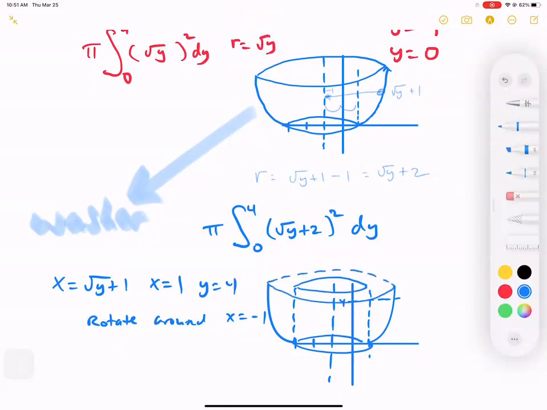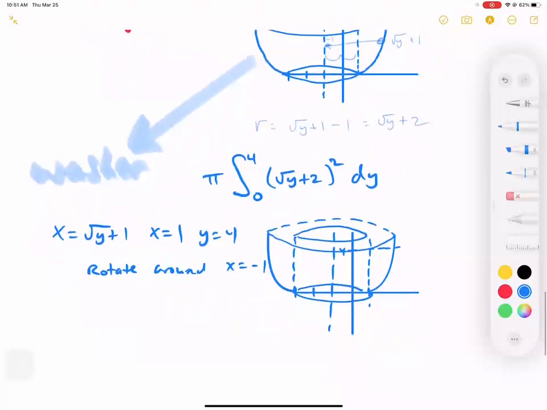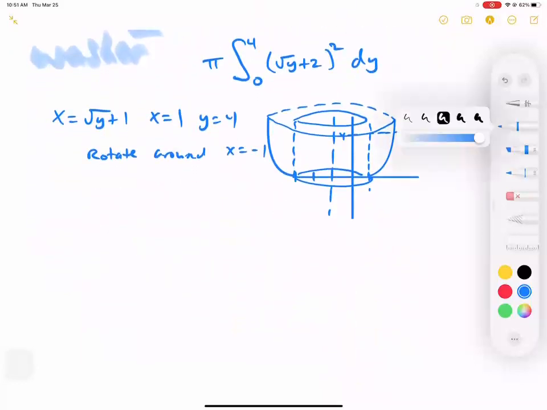Okay. See that big hole in the middle? Now how do we deal with washers? The easy way is you don't. You just deal with 2 separate objects. Now we have a quick formula that we can get to, so let's do the slow formula first, then we'll do the quick formula, okay?